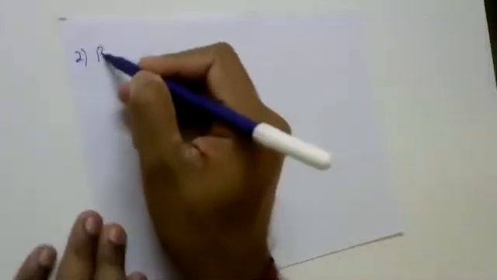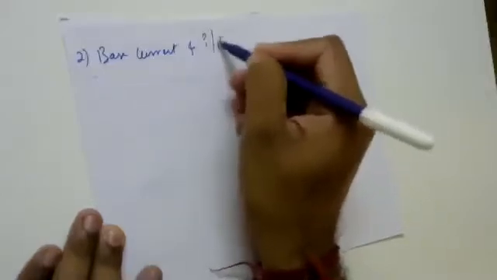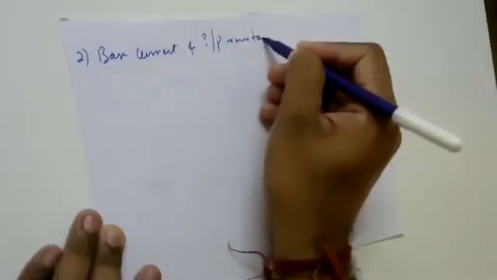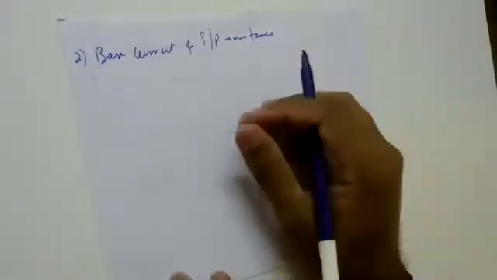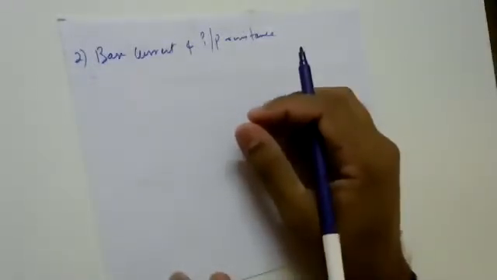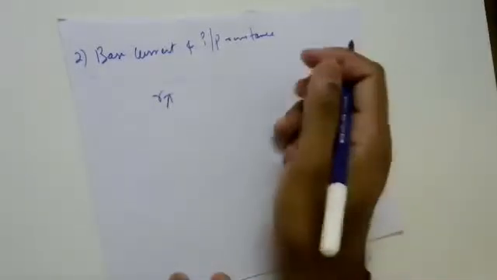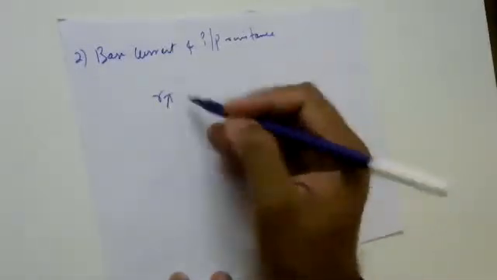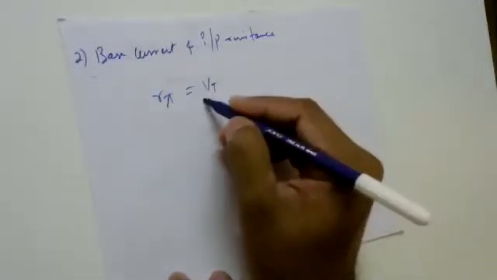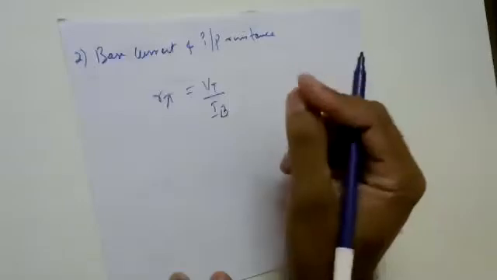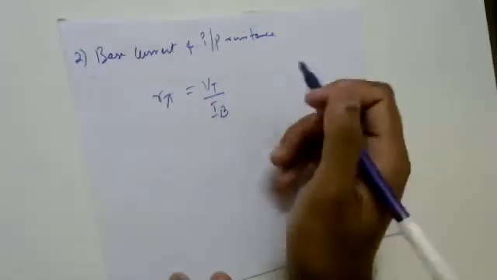Here we defined the resistance called r pi, where r pi is defined as the ratio of VT divided by IB.